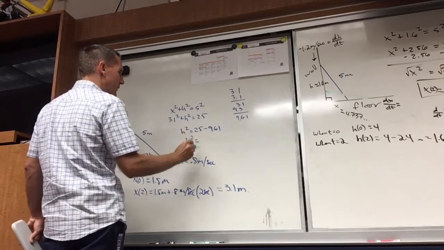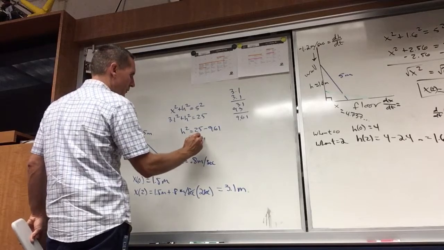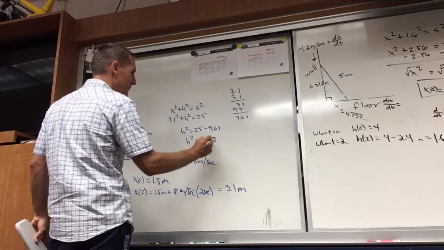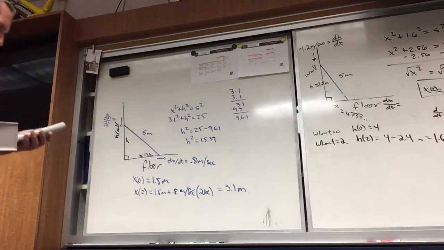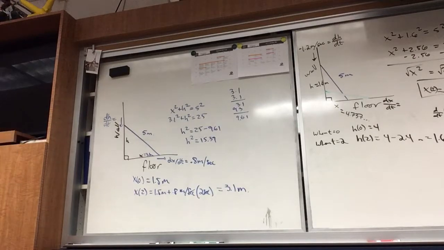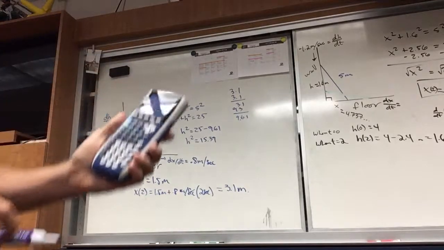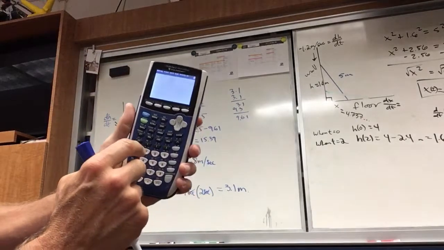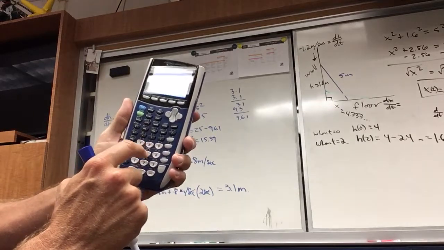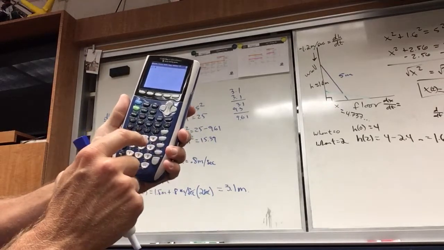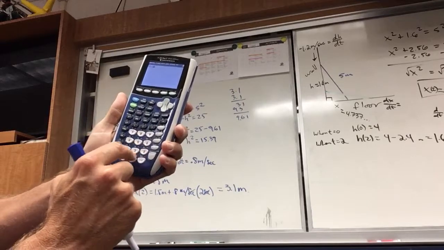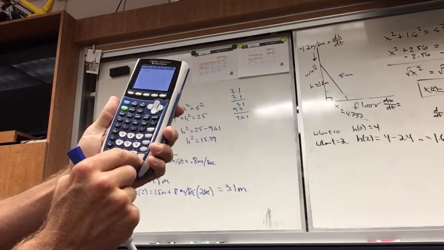So h squared is going to be 15.39. Let's find out what that is on the calculator. I could have done this as 25 minus 3.1 squared.